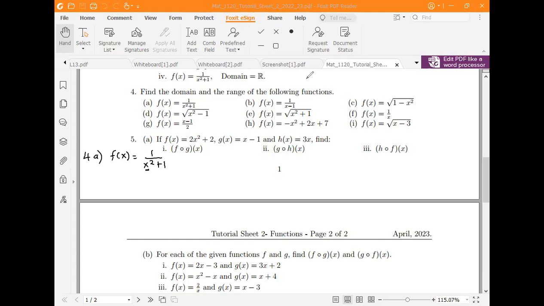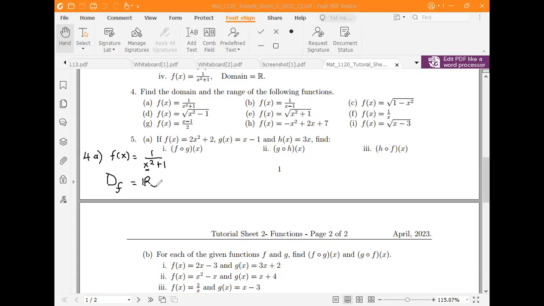Now, if it is positive and you are adding 1, then the denominator becomes bigger than the numerator. That affects the range. But in the domain case, we are saying any value of x that we take, the function is defined. So it's the set of all real numbers.